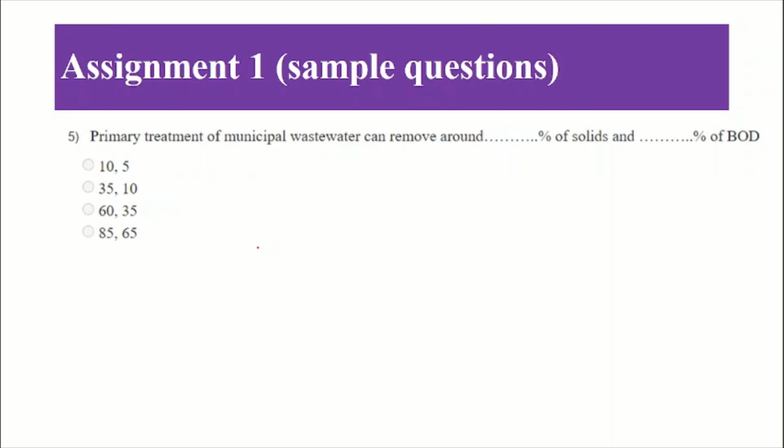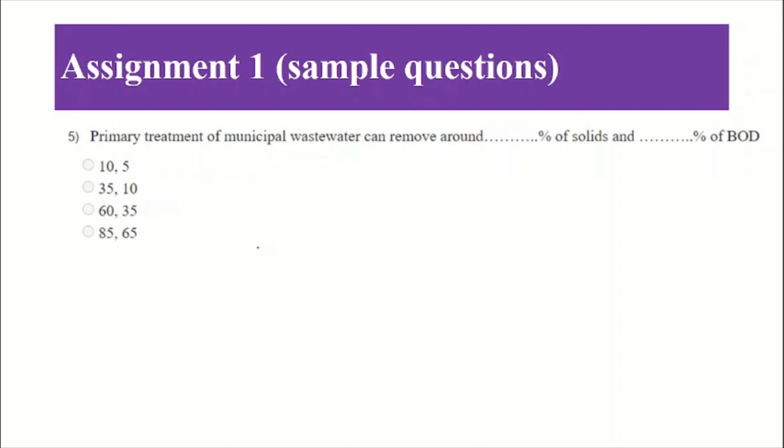Next question: primary treatment of municipal wastewater can remove around this much percent of solids and this much percent of BOD. According to the discussion by the course instructor in lecture 1, they discussed wastewater treatment and the levels of treatment used to purify the water.